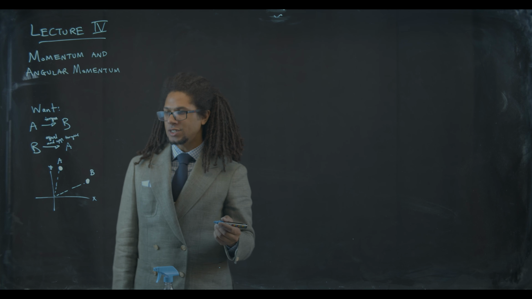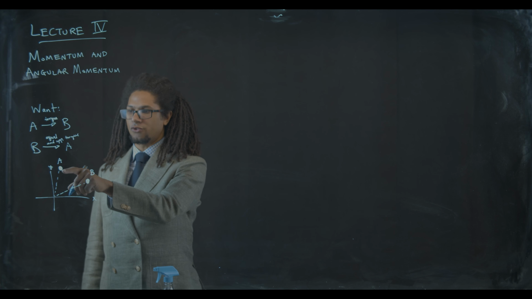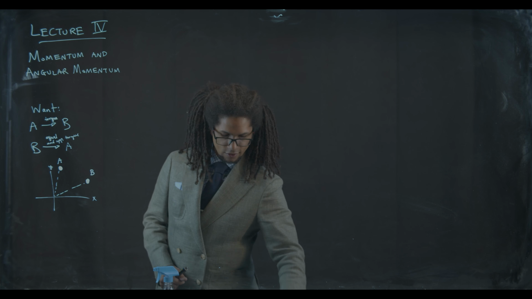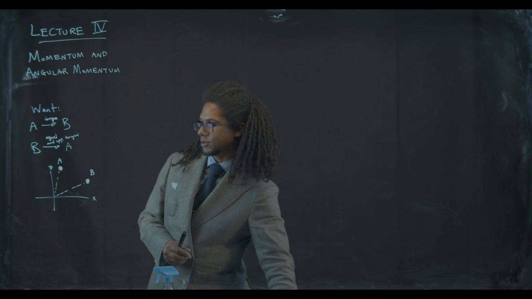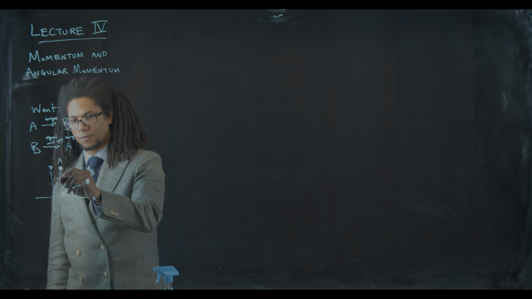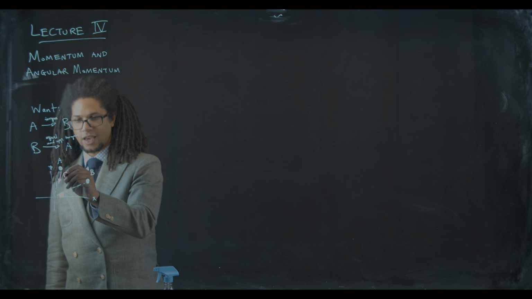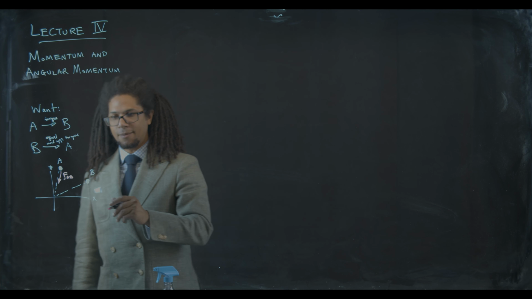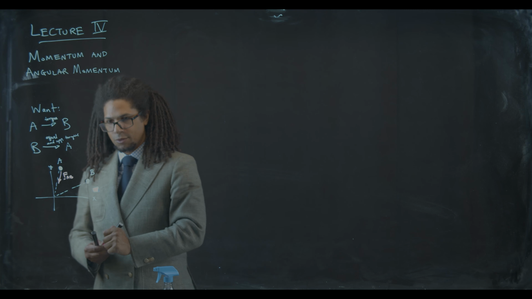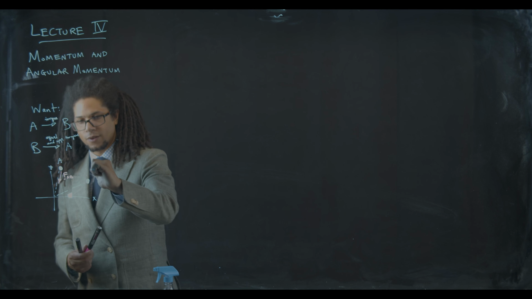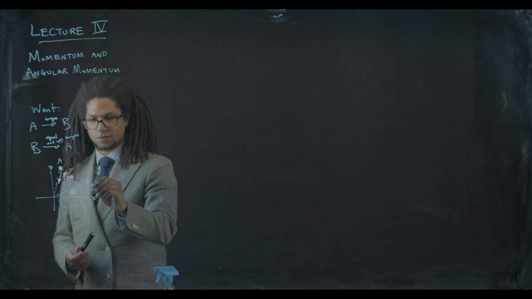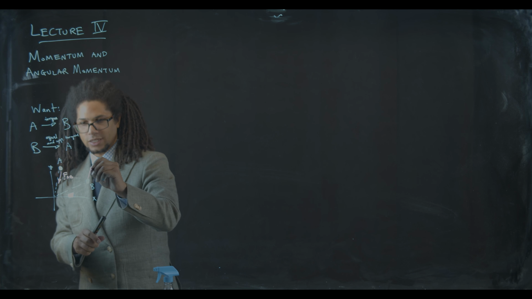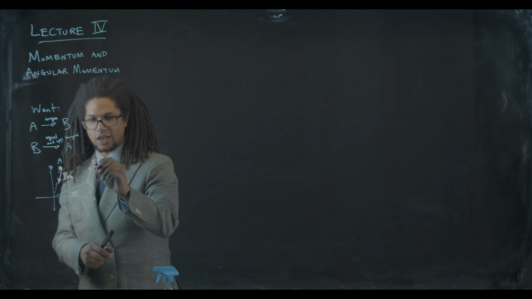For no reason at all, let me imagine that B exerts a force on A which points down A's position vector. So that's the force of B on A, F_AB. That means by Newton's ordinary third law that A exerts a force on B that's equal and opposite in direction. So this is F_BA.